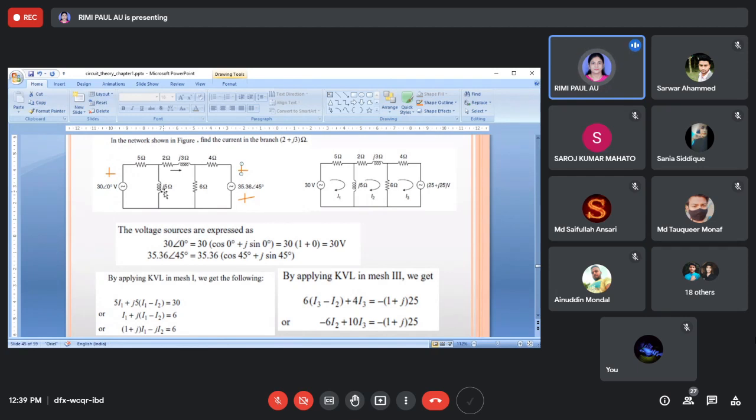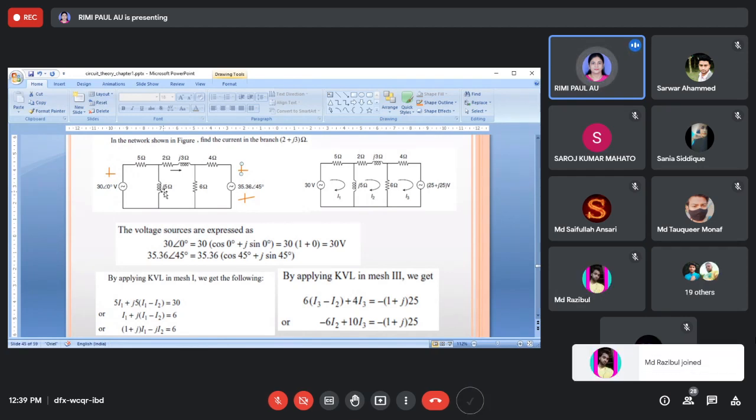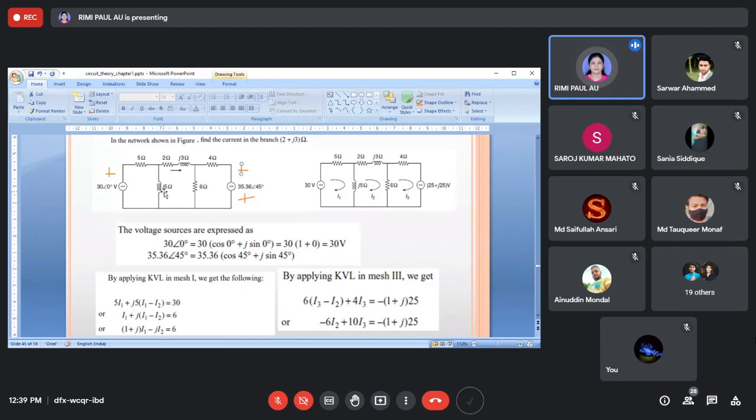Suppose I want to convert it to inductive reactance. What will be the equation to convert from 5 henry to ohms? We can write XL is equal to... do you know AC, right?